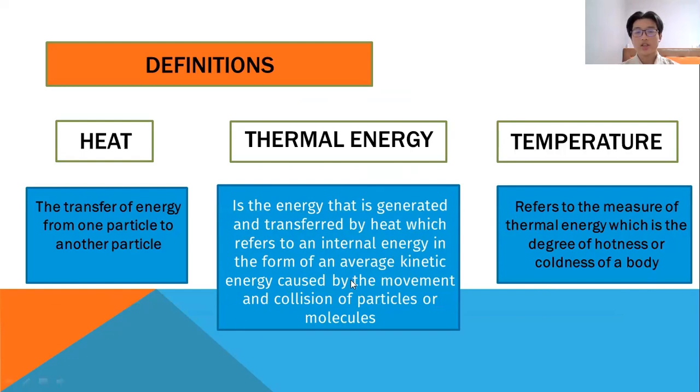This kinetic energy is caused by the movement and the collision of particles or molecules. Now, to measure the thermal energy, we need the term called temperature. Temperature refers to the measure of the thermal energy, which is the degree of hotness or coldness of a body.